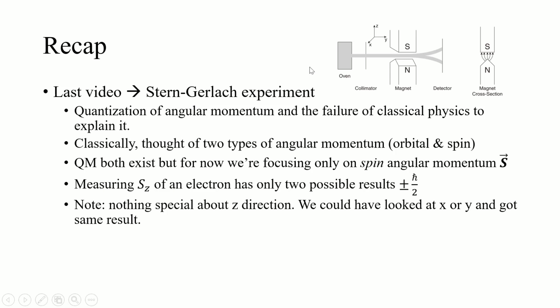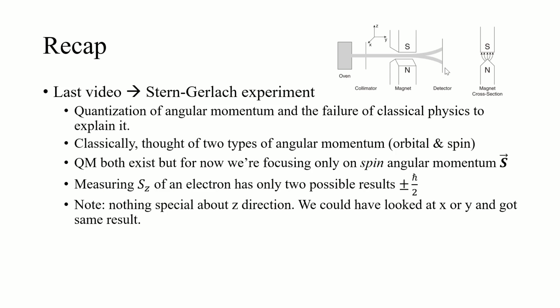So just a quick reminder, the Stern-Gerlach experiment involved an oven and a collimator that created a beam of neutral silver atoms that were then shot through a magnetic field gradient that exerted a force on those atoms and split the beam into 2 distinct beams. One went up, one went down, and it showed the quantization of this angular momentum.